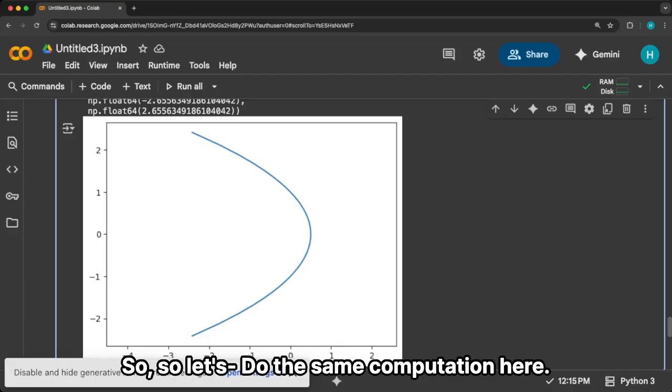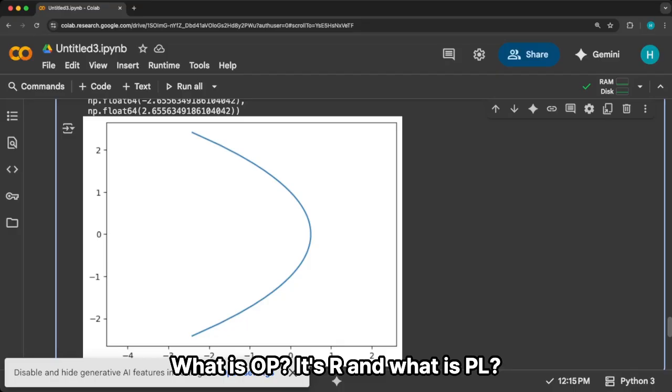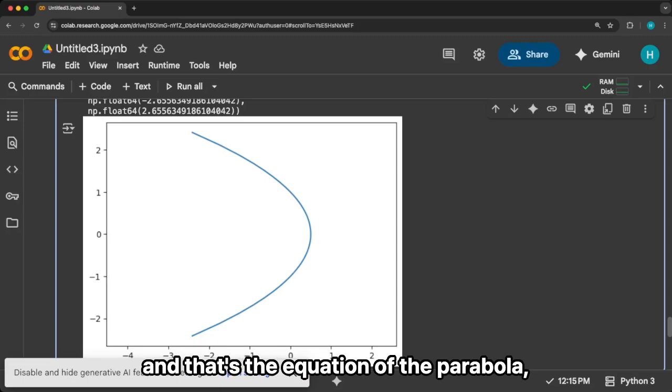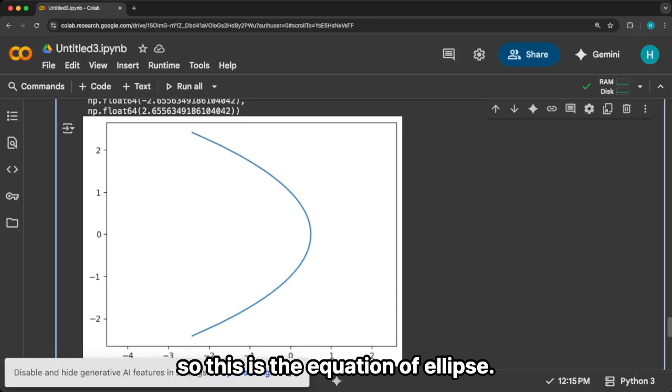So let's do the same computation here. What is OP? It's R. And what is PL? It's R minus R cosine theta, and this is E. That was the equation of the parabola. So this is the equation of the ellipse. And then this R is now equal to RE minus RE cosine theta.